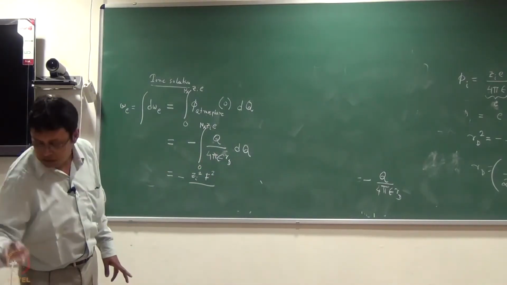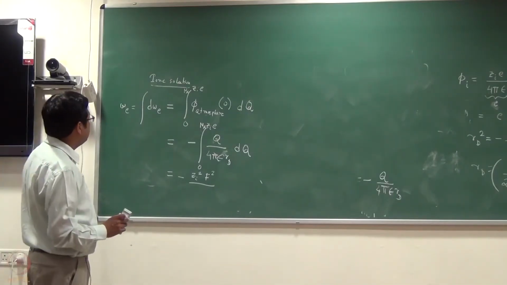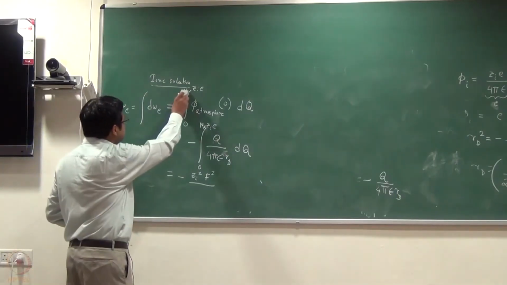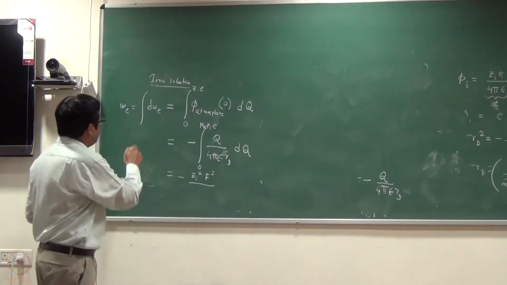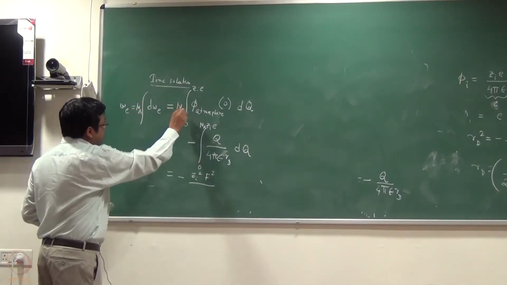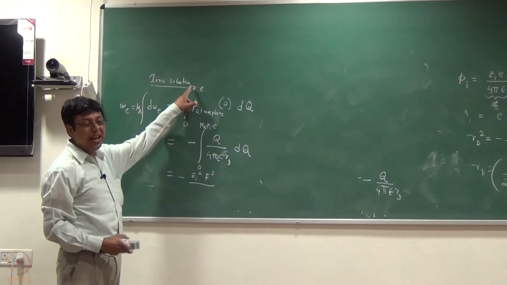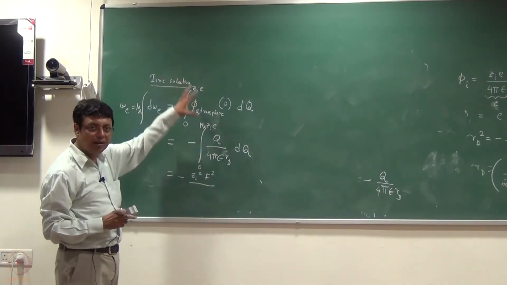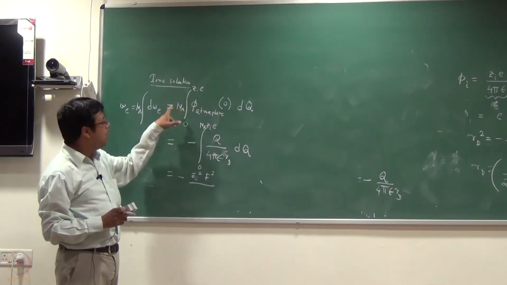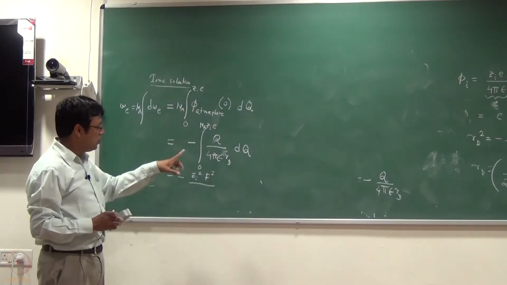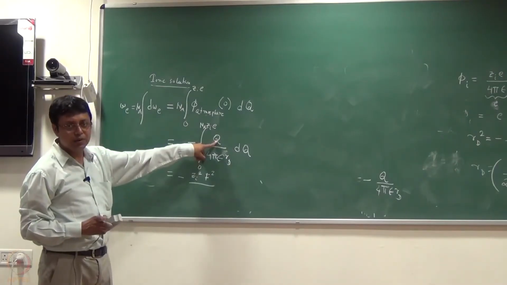But just one minute. I made a mistake. Sorry. What I should have written is like this. Why? Because this is for Na, I cannot take the square. Basically, it is work done due to one charge, and then that will be multiplied by the number. I cannot take Na square. If I do that, think about it. It will be Q square.